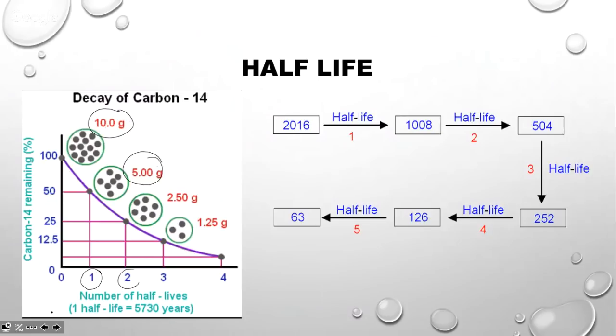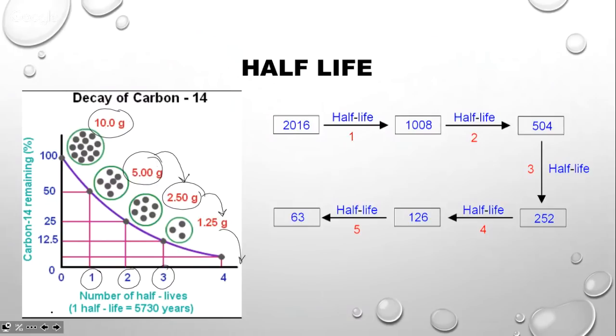If a second half-life period goes by, that 5 grams of carbon-14 will now decay into 2.5 grams. 2.5 grams will be remaining. Another 2.5 grams will turn into something else through the radioactive decay. If a third half-life period goes by, we go down to 1.25 grams. If a fourth half-life goes by, we will go down to even half of that.